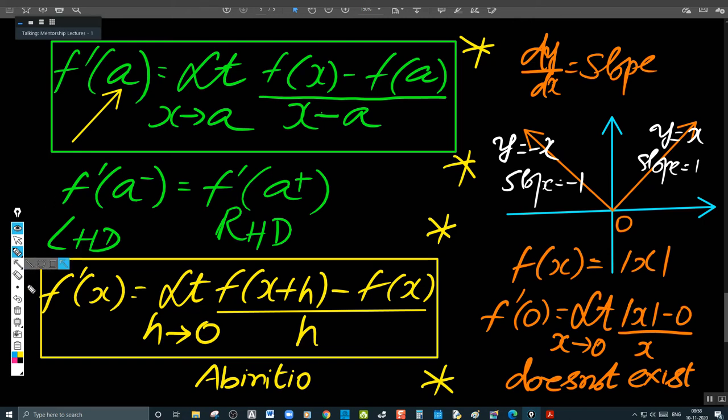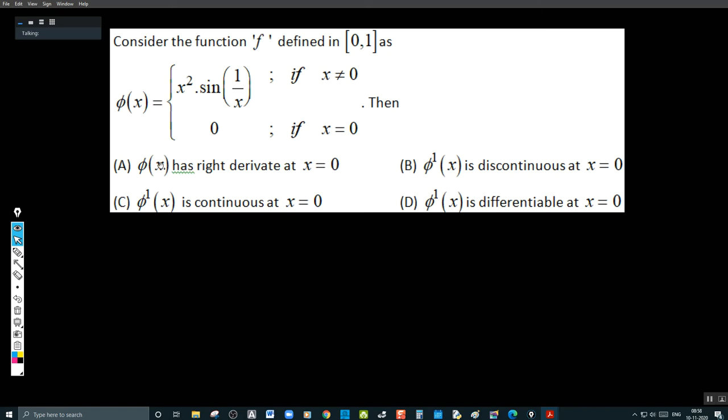Let us now move on to the problems. x squared sine 1 by x, if x is not equal to 0, defined between 0 and 1. So, limit of phi of x.